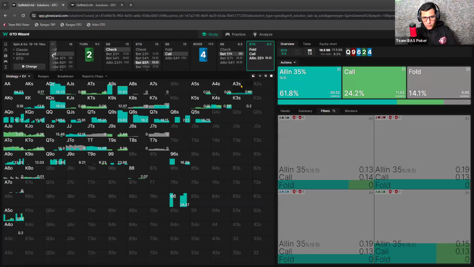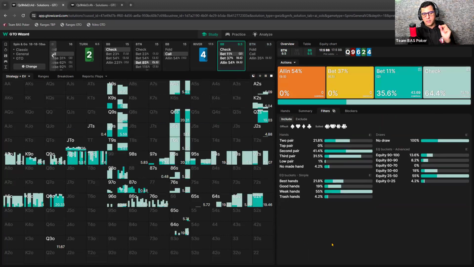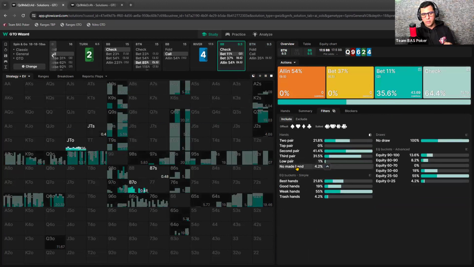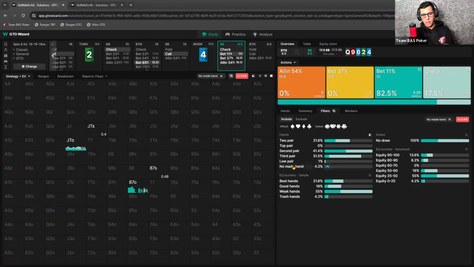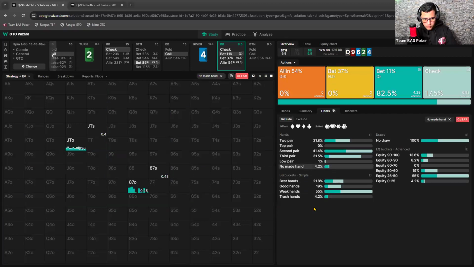So knowing that a 14% fold equity against a 61% raising range still allows the solver to go for a 2 big blind bet with his missed draw, because it's just very cheap, and it allows the solver to still generate some folds, generate some EV, and get us into the right play.